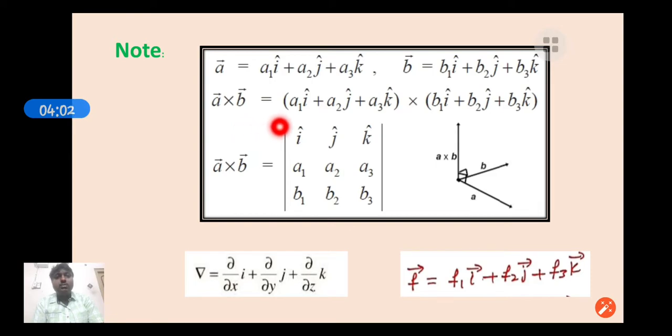A bar cross b bar is the vector a1 i bar plus a2 j bar plus a3 k bar crossed with the second vector b1 i bar plus b2 j bar plus b3 k bar.